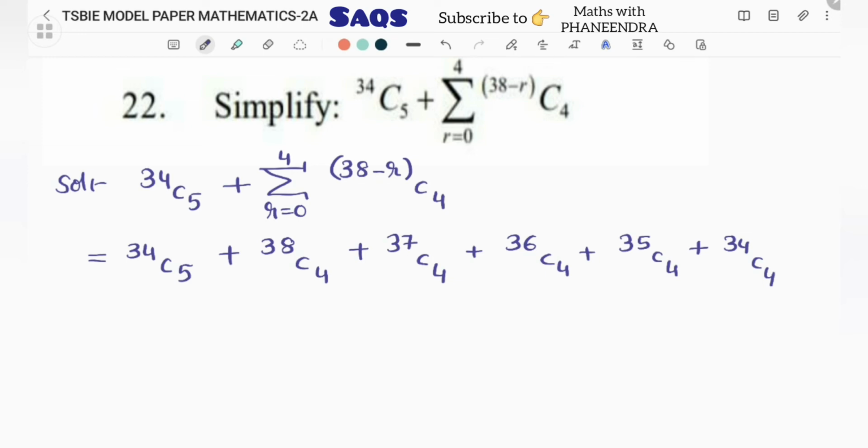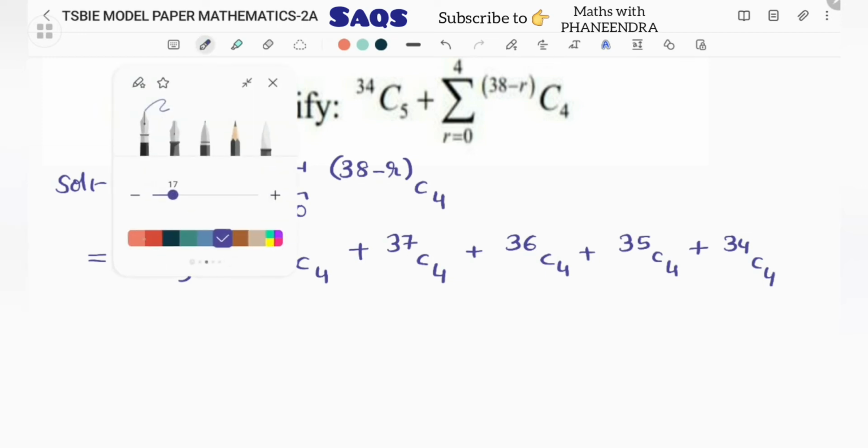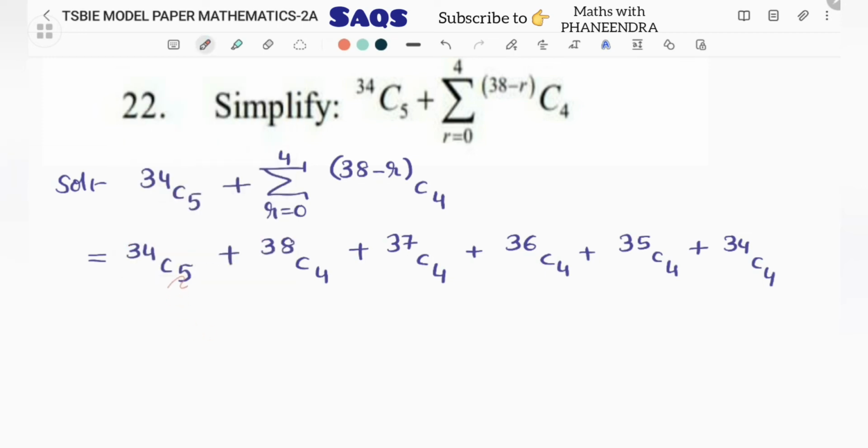After that, this is the only turning step, dear students. Here, the first term and last term are connected by one important result in permutations and combinations.